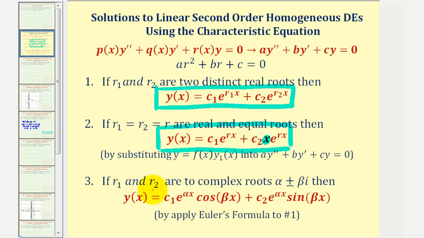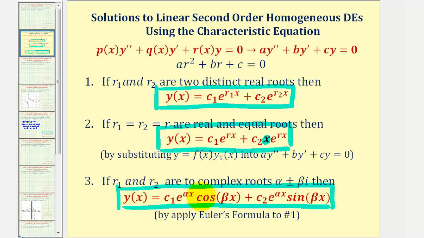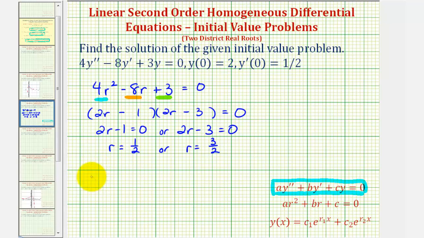And then finally, if the roots are complex, the general solution would take this form here. So it's important to remember that the types of roots from the characteristic equation do affect the form of the general solution.